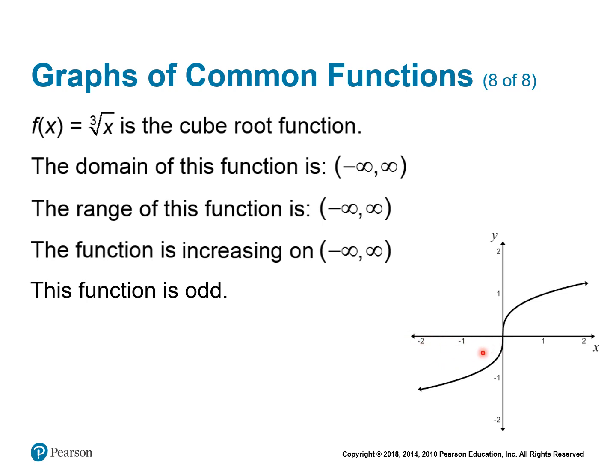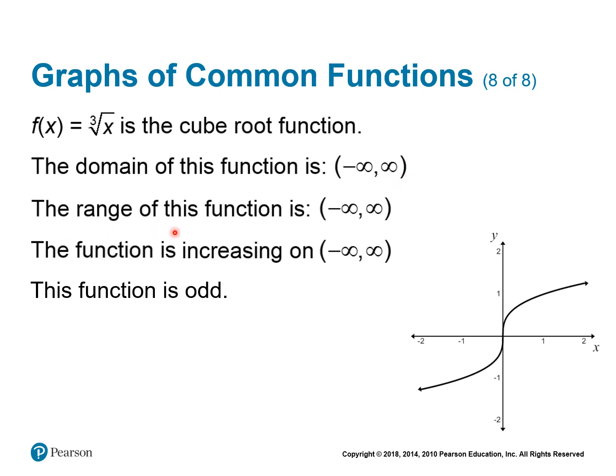However, for a cube root function, the cube root of a negative value produces a real number for a y value. It's not an imaginary number. So negative values are allowed to be input into a cube root function, and the domain can be any value from negative infinity to positive infinity.